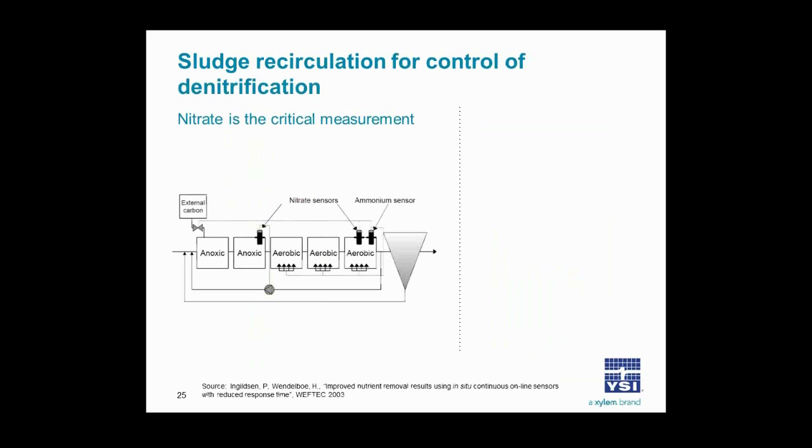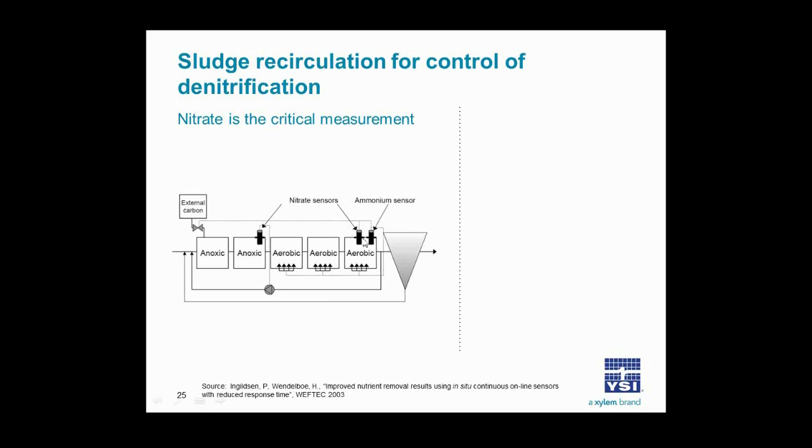Sludge recirculation for control of denitrification is the other important thing. Nitrate is the critical measurement in this case, and the diagram here is a denitrification configuration, and so the optimal location for nitrate sensors in this is to have a nitrate sensor at the end of the anoxic basin and a nitrate sensor at the end of the aerobic or oxic basin.